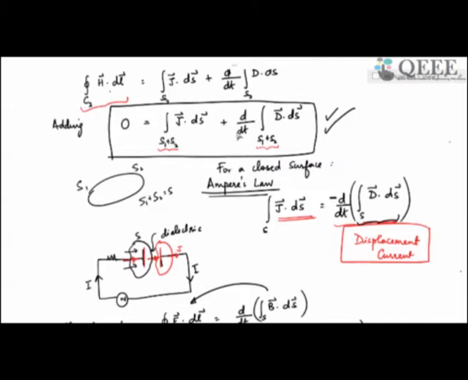I know that a capacitor does not conduct DC, it blocks DC. But how is it that the capacitor is able to pass AC? It is able to pass alternating current through it. Ideally, the space between the capacitor is filled with a dielectric, so it is not supposed to allow conduction current to pass through. Then how is it that conduction current is reaching the other end of the capacitor?